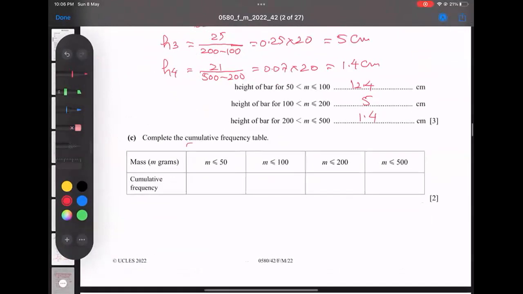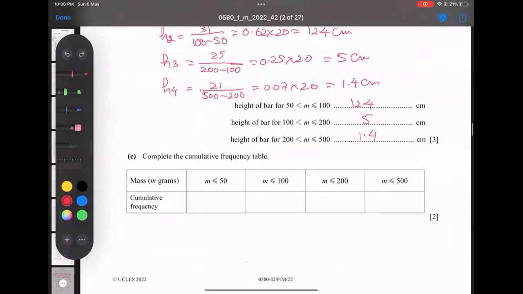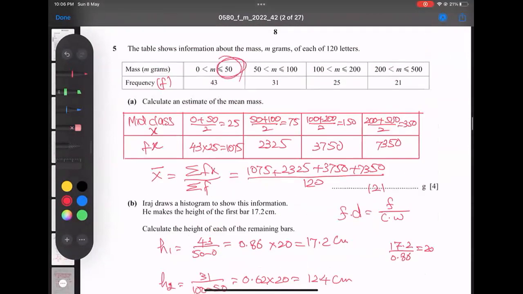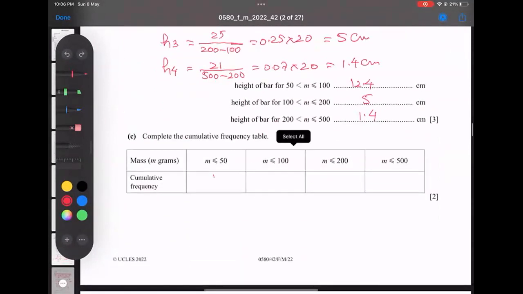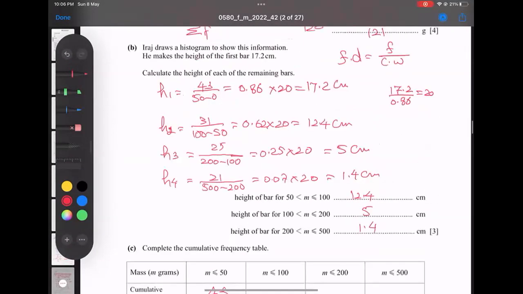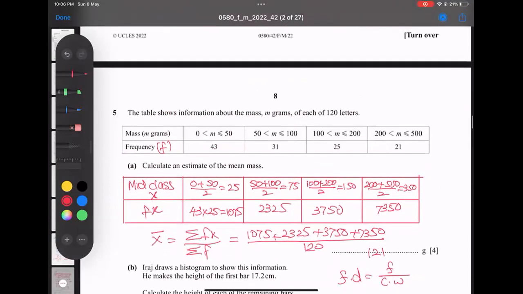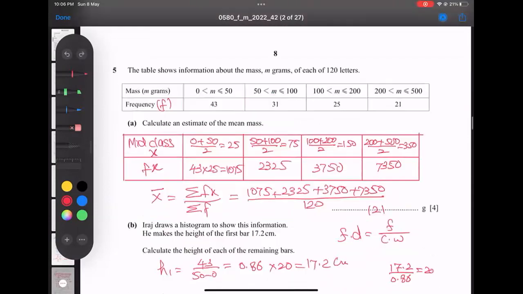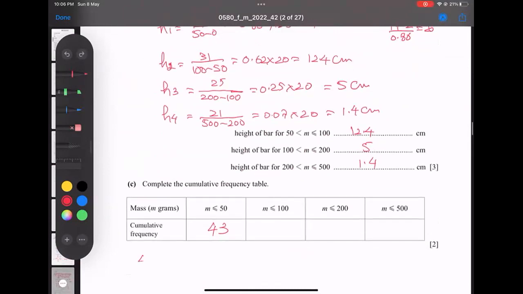How to get cumulative frequency. Cumulative frequency means adding up, accumulating, okay? So first 50, how can we get this frequency? This 43, I will just copy here. Then this 43, I will add 31. So 43 plus 31 becomes 74.